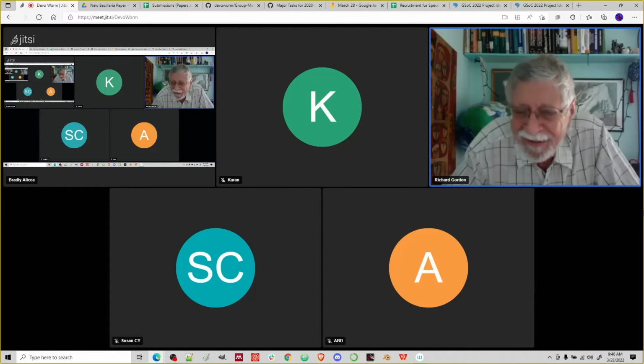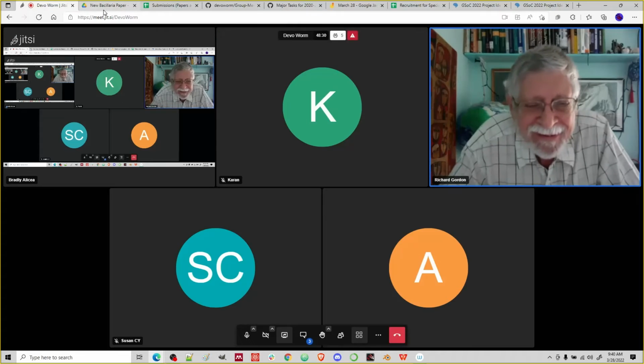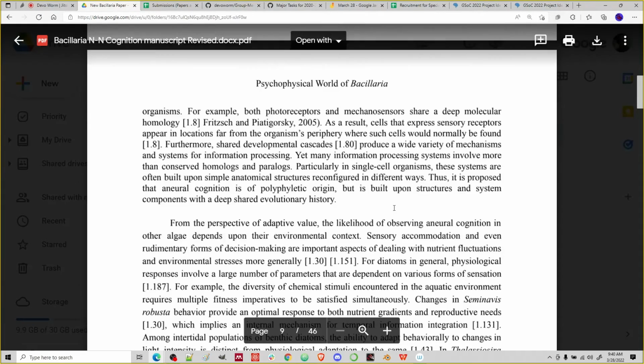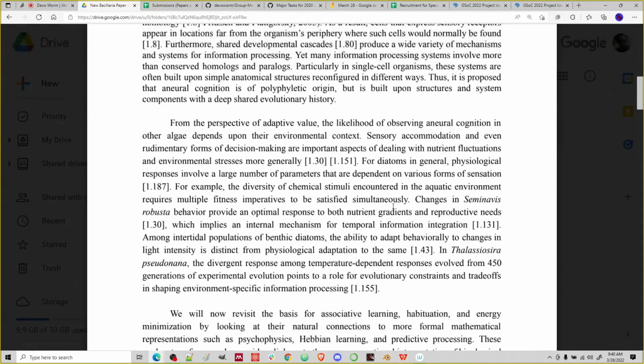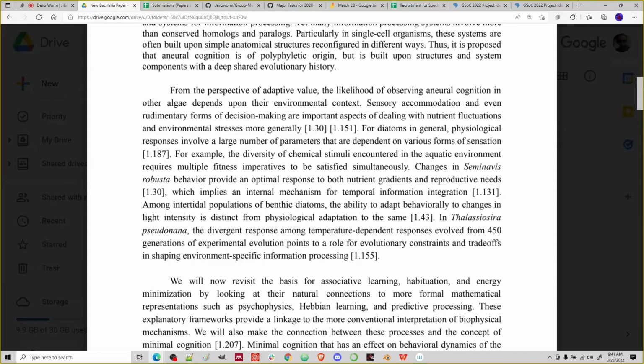Okay, go ahead. So we have a lot of literature review on this for different things in this area. We actually have some interesting things on algae and diatoms in this section, where we talk about some of the things that they do, like Dick was talking about, responding to chemical stimuli and to light.